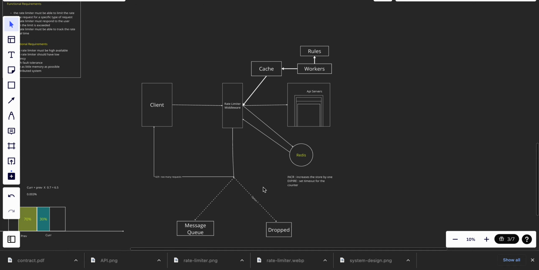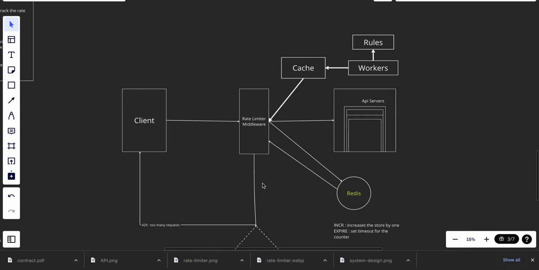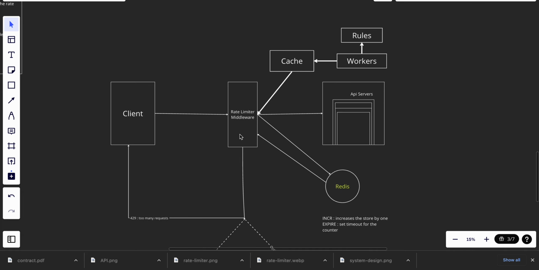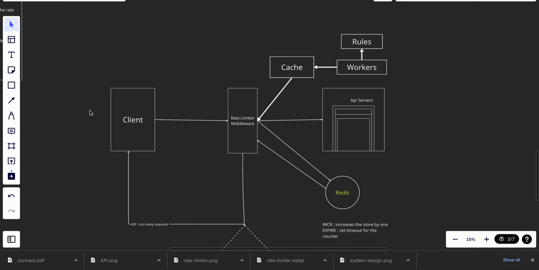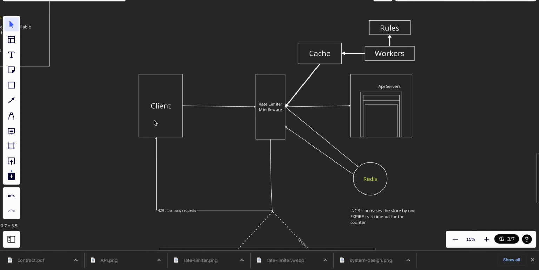After that we talked about the design in detail, starting from the rules.